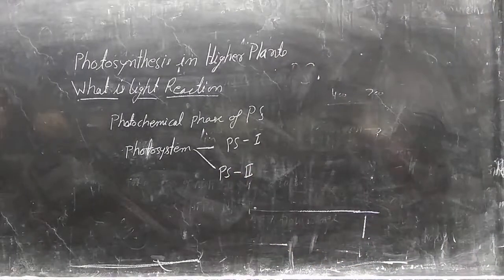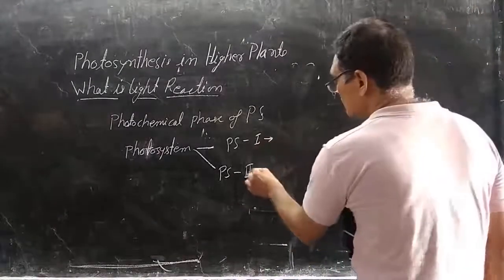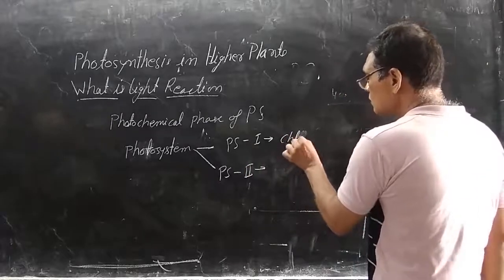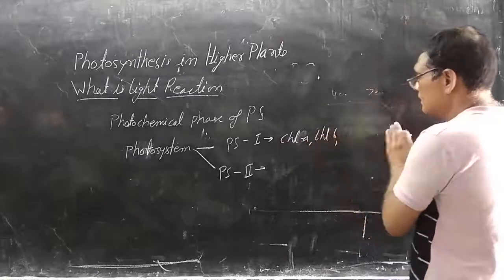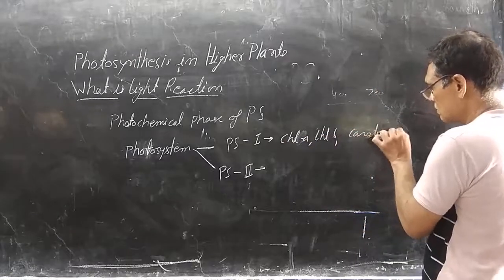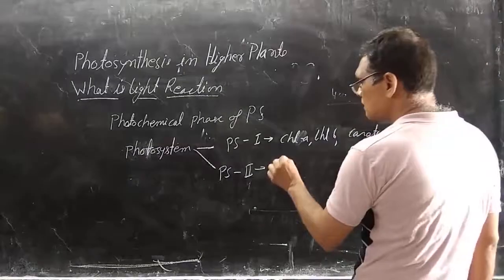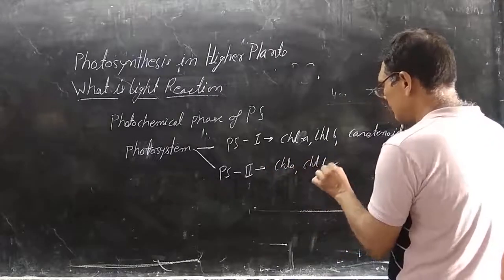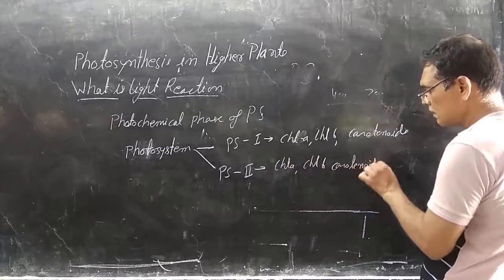Both photosystem first and photosystem second are made up of chlorophyll A, chlorophyll B and carotenoid pigments.